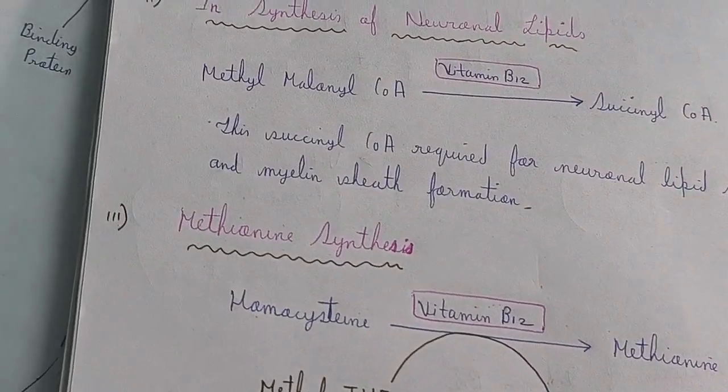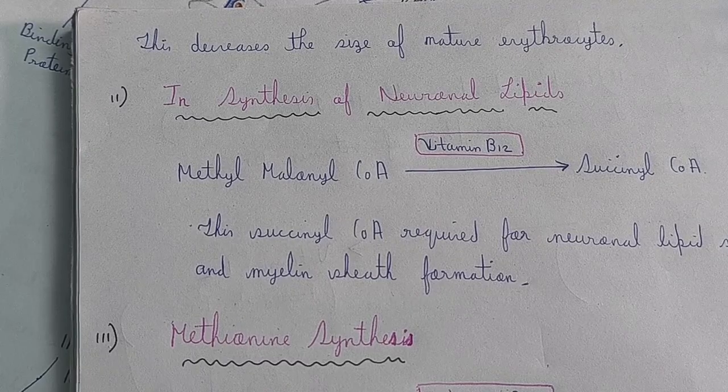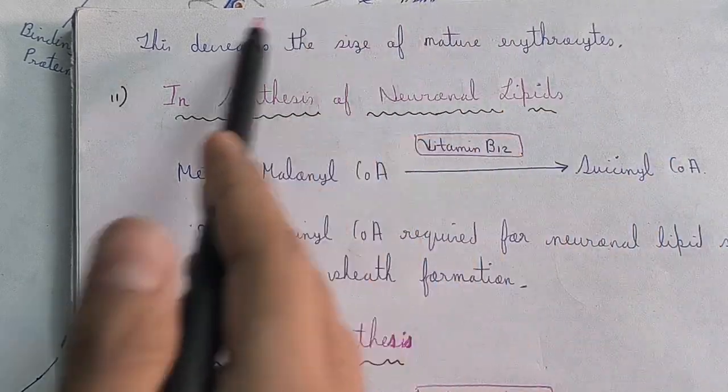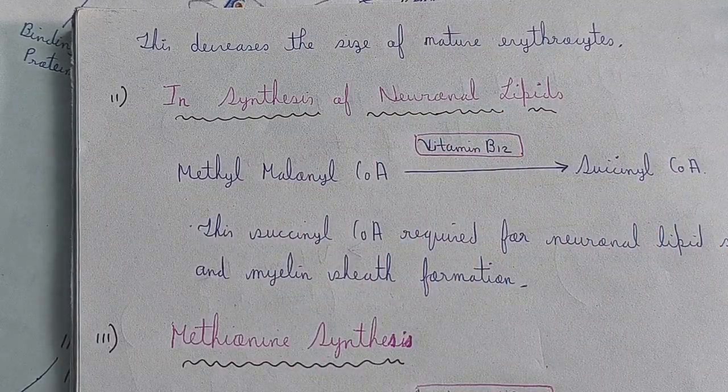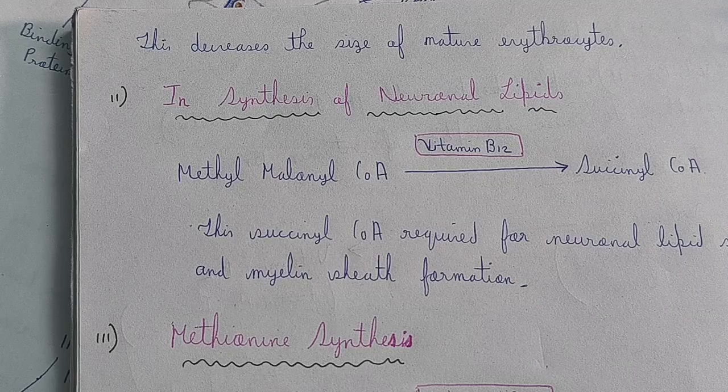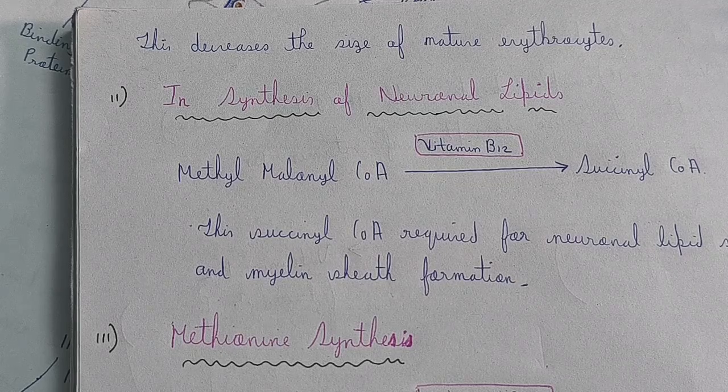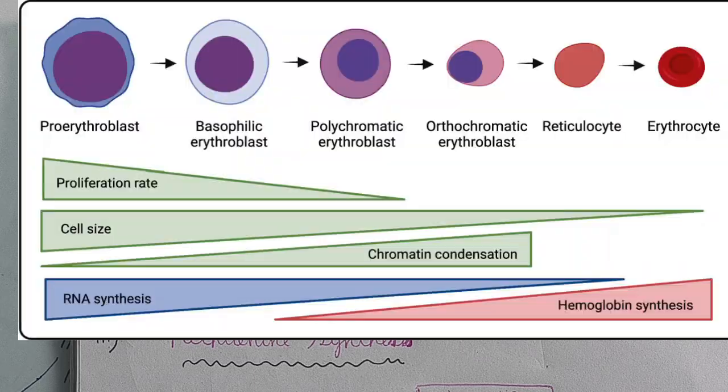The importance of the first function is that the size of the mature RBC is less compared to the precursors, and as the formation goes on, the size goes on decreasing. Why? Because of this nuclear cytoplasmic synchronicity.